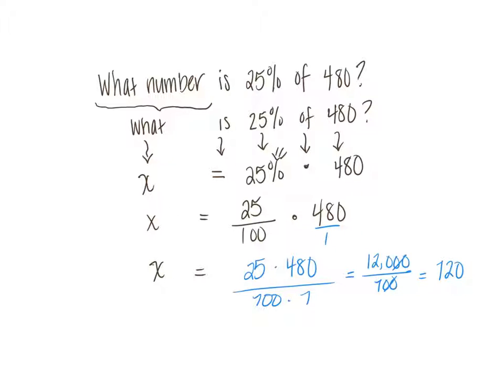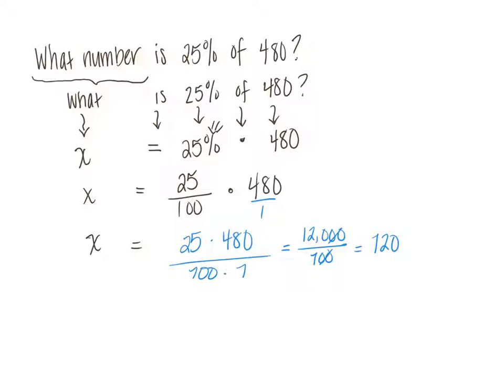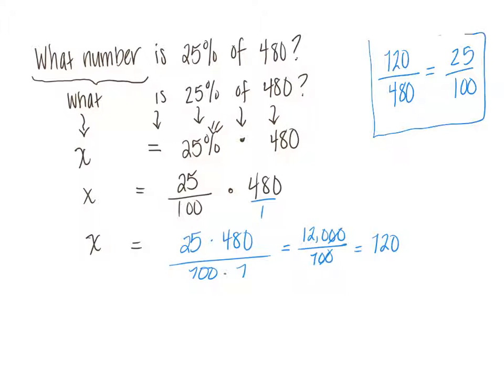Now I want to show you that I could solve this using ratios pretty easily. If I said 120 out of 480 is the same as 25 over 100. Okay, hopefully you see that this proportion is the same thing as what I just solved here.